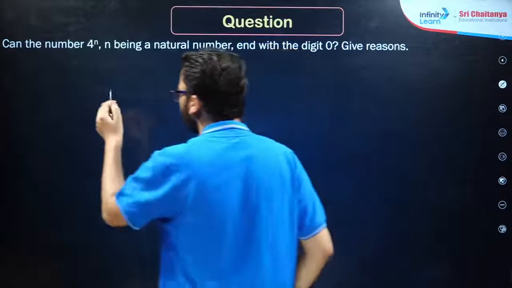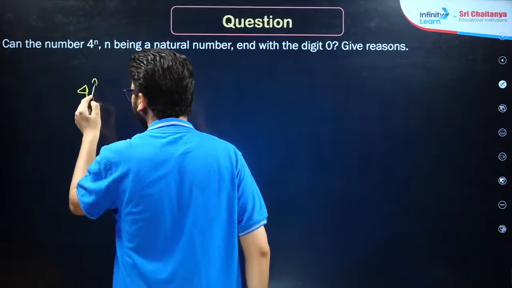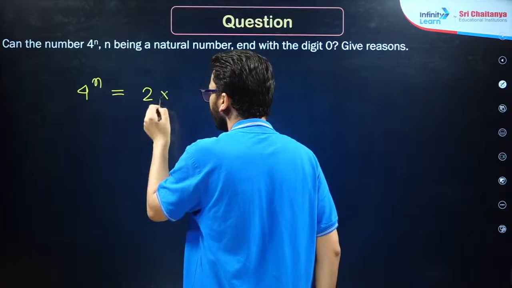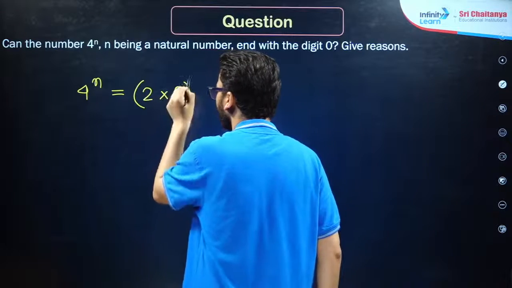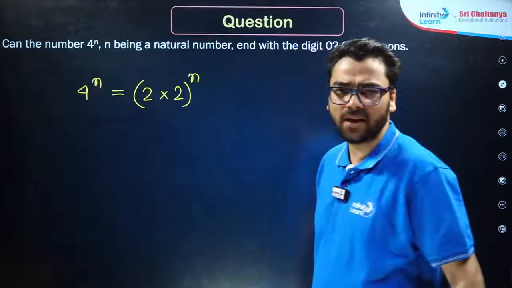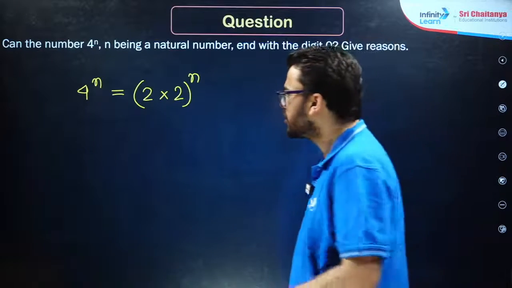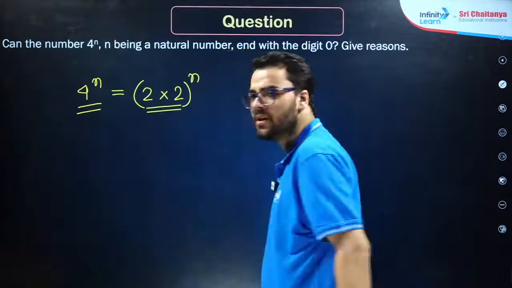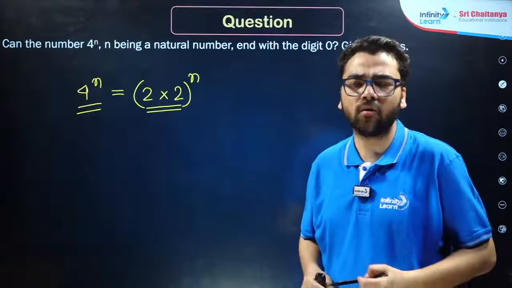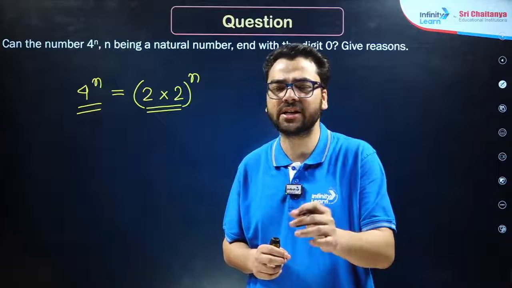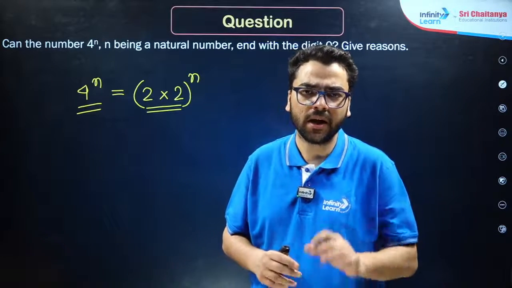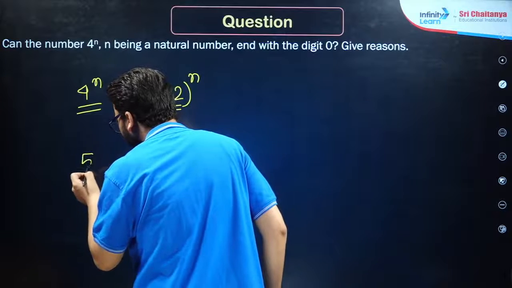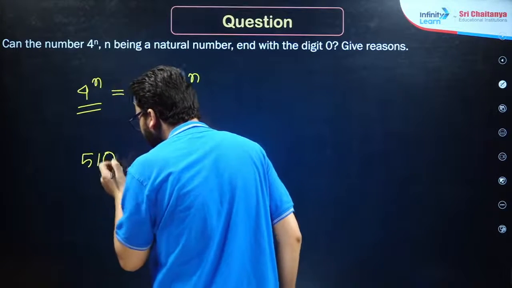It is very simple. For example, we have got 4 raised to the power n. So 4 can be written as 2 into 2 raised to the power n, right? So what does it mean? In the prime factorization of this number, you cannot get anything apart from 2. Only 2 is possible. Now, if a number is ending with digit 0, what does it mean? Just an example, 510 is ending with digit 0.